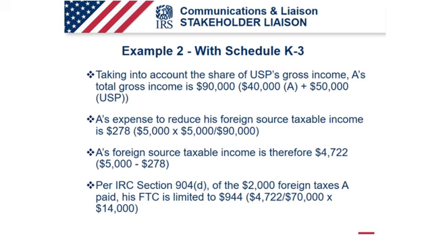So when they multiply the 14,000 of U.S. liability times 4,722 of foreign source income over $70,000 of total income, the limitation comes out to be $944. So even though they pay $2,000 of foreign taxes, the foreign tax credit that they can take on their return is going to be limited to $944.